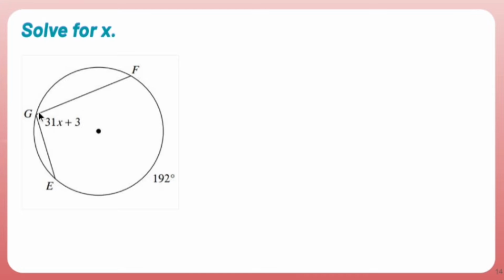Solve for x. What we're dealing with here is what's called an inscribed angle. Okay, we're used to seeing central angles. An inscribed angle is an angle where all three parts, the vertex primarily, is attached to the circle. Now, don't lose sleep.